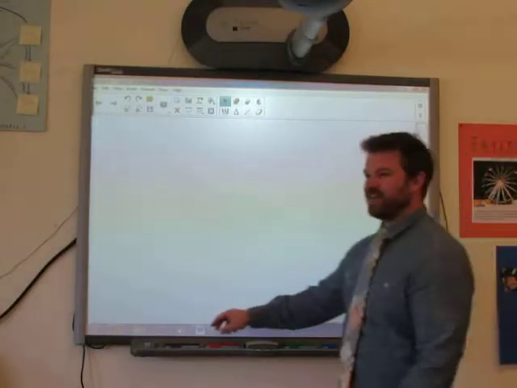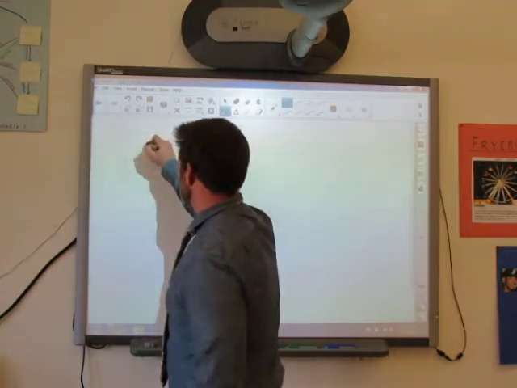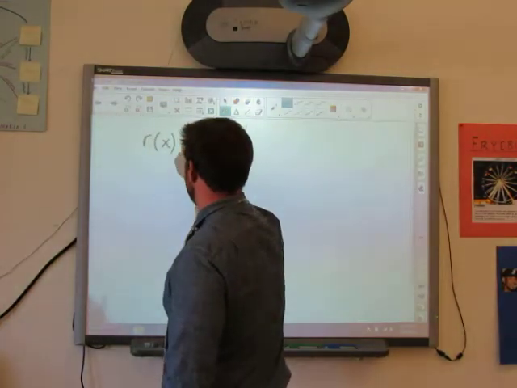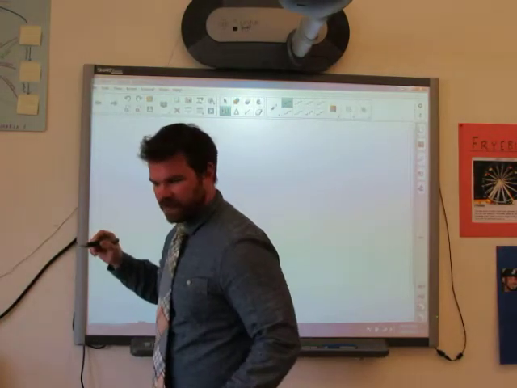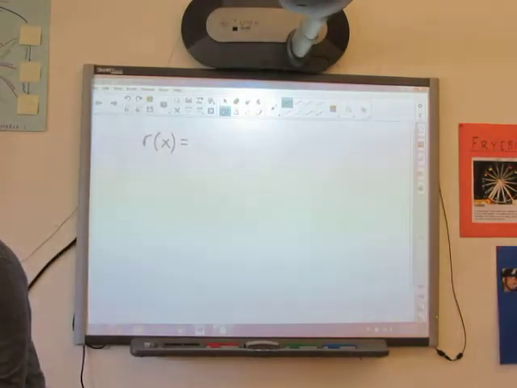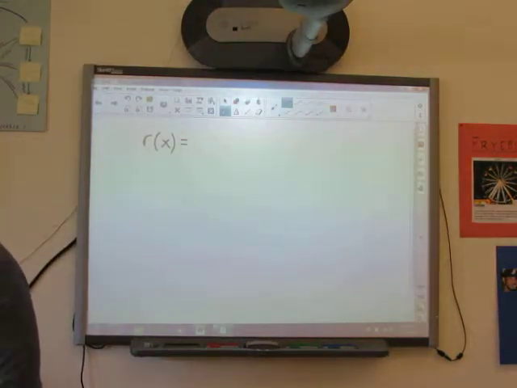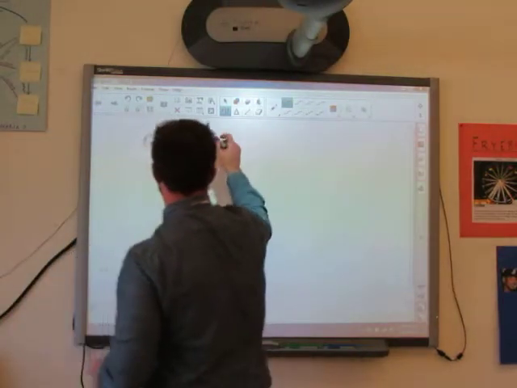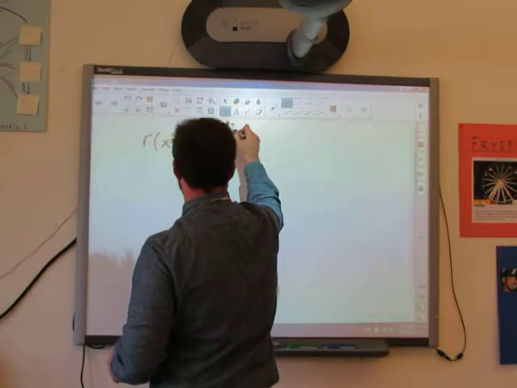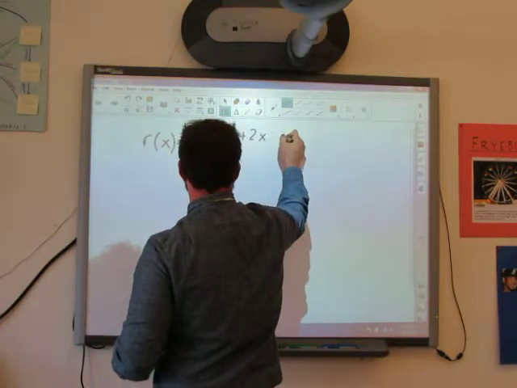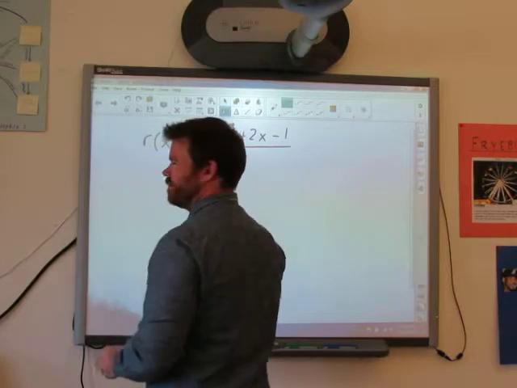Let's look at an example of this type of function. We have r of x equals, let's see, what example do I want to use? Could r of x equals 1 be a rational function then?